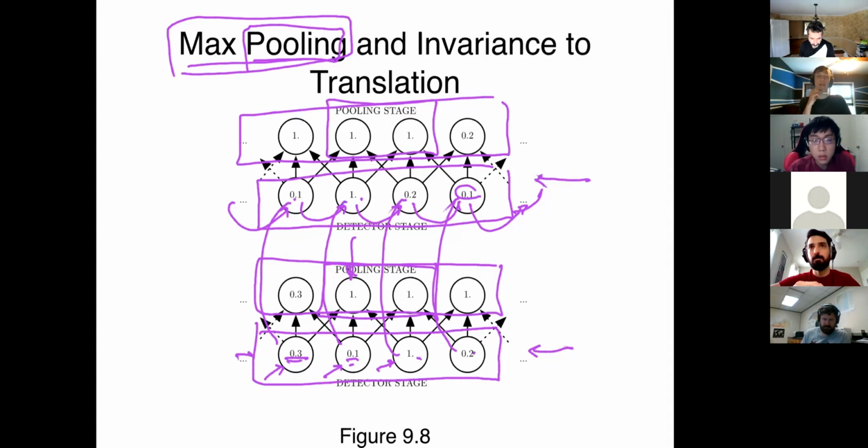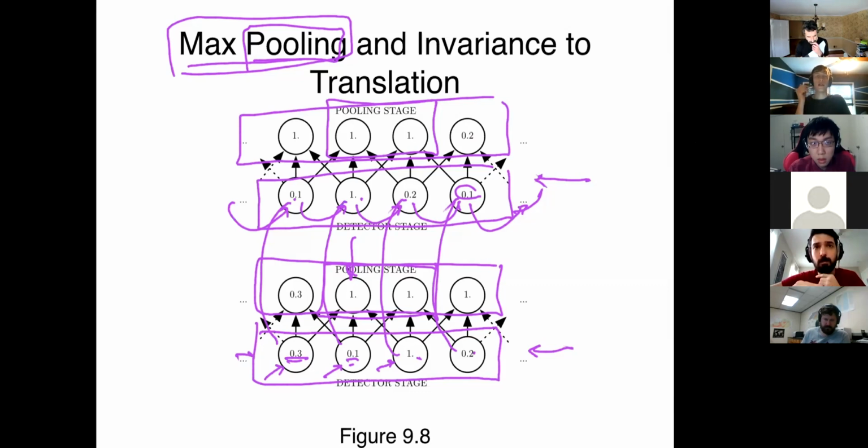It's the bottom set of them, the second column, first row. It's 0.1, but I think it should be 0.3. Second column in the first row. This one, you mean?